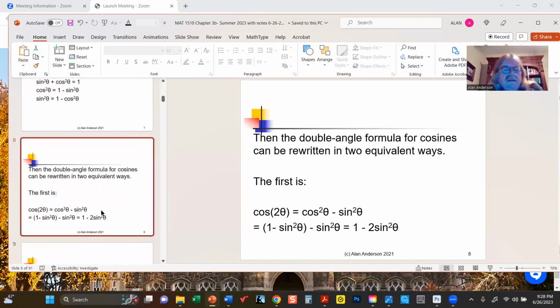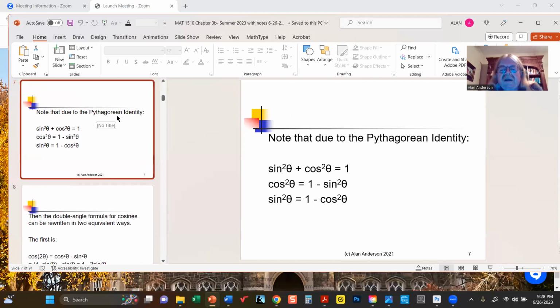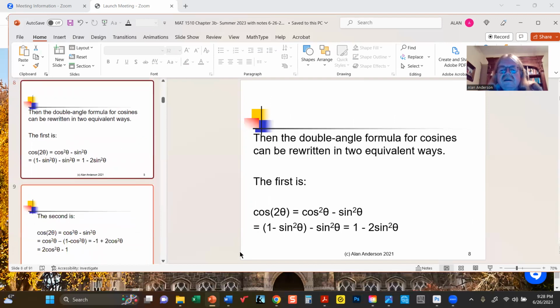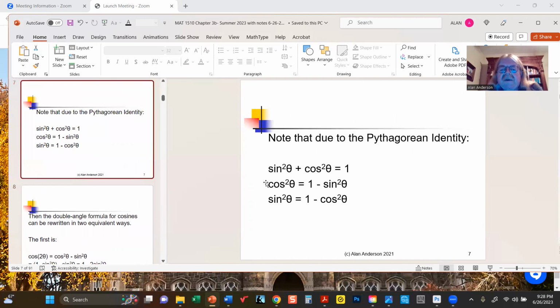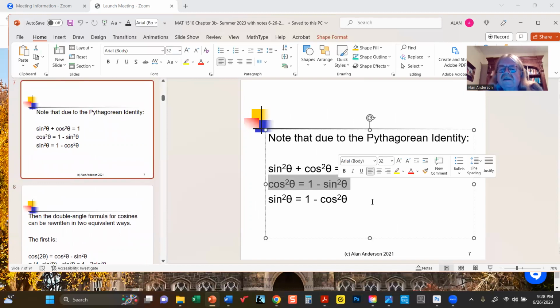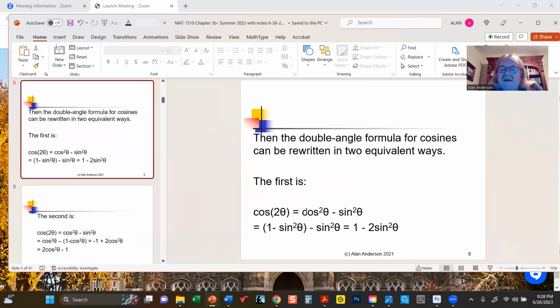But we also know, based on the Pythagorean identities, that cosine squared theta can be rewritten as 1 minus sine squared theta. So we're going to do exactly that right now.